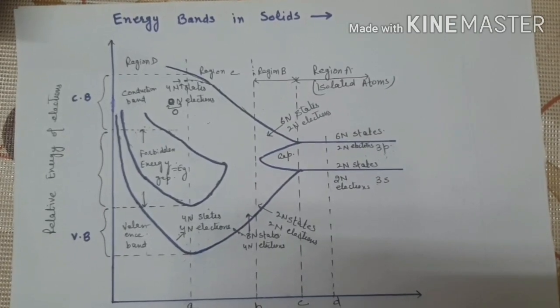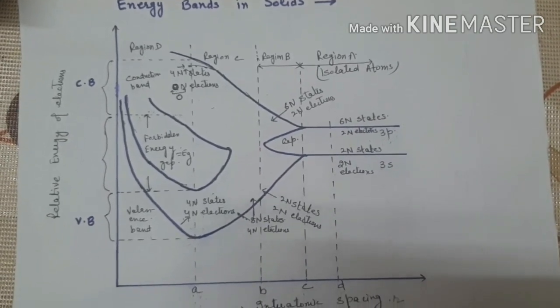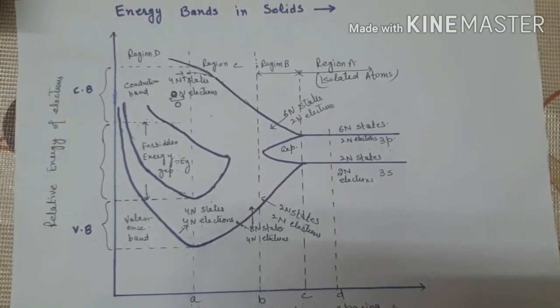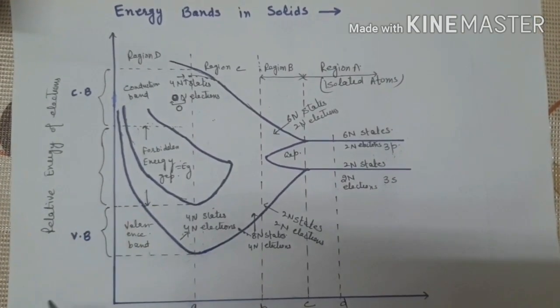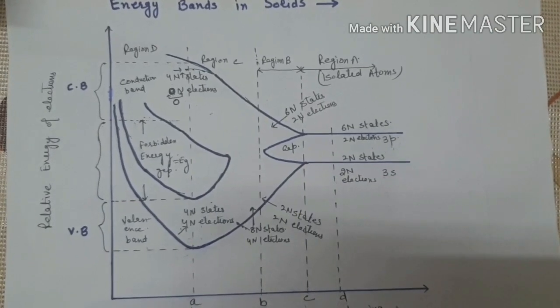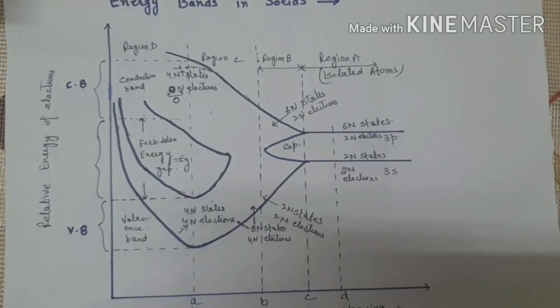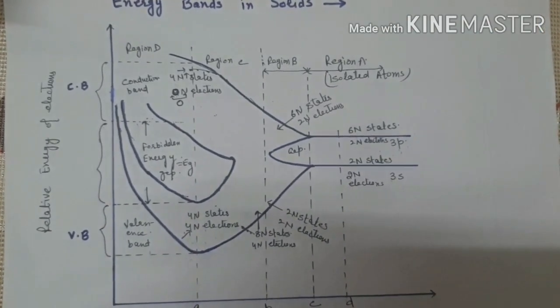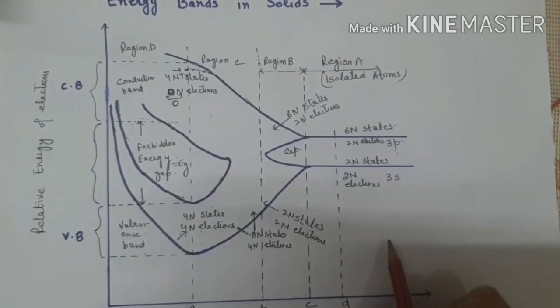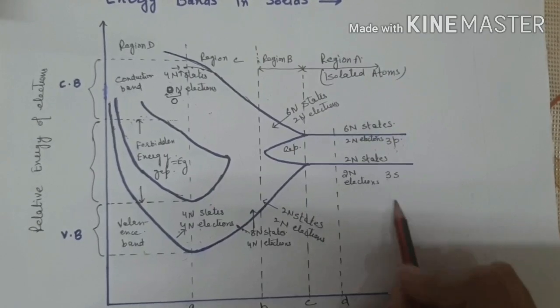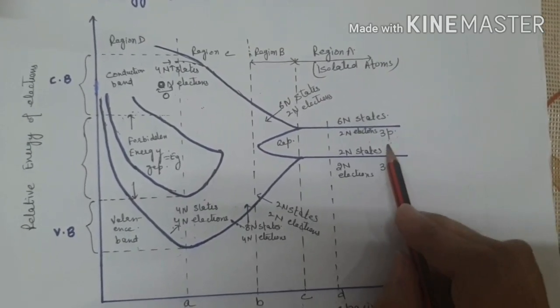So the plot or the diagram is between the interatomic spacing, that is R, and the relative energy of the electrons. So silicon atom has atomic number 14. So the electronic configuration is 1s2, 2s2, 2p6, then 3s2 and 3p2.